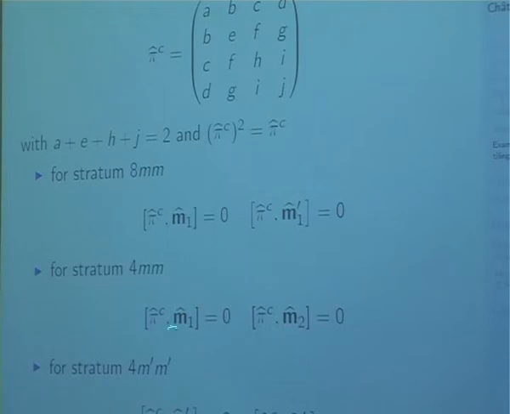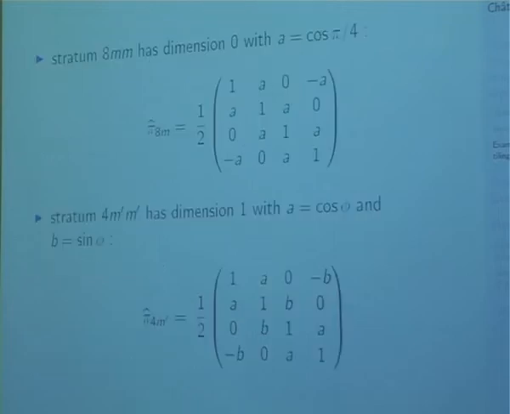If you do that, you have a set of equations which are easily solved. The first one leads you to the standard 8M projection with cos pi over 4. The second one I'll give you for the 4mm prime because I will use it. This is the projection PC. Now we have it explicitly.